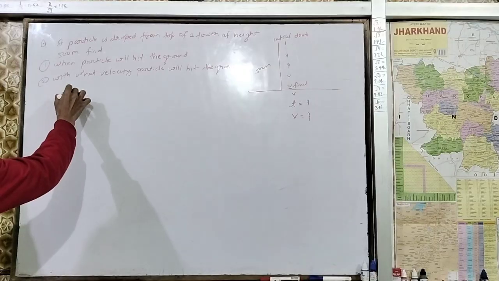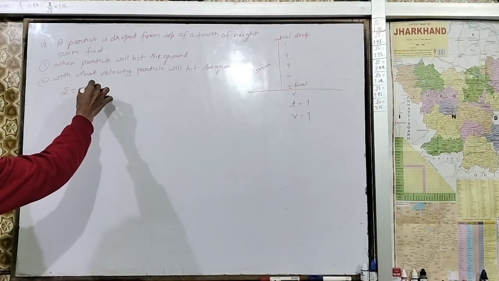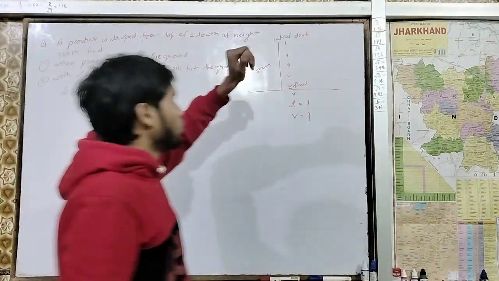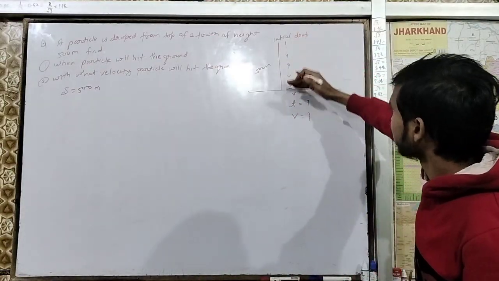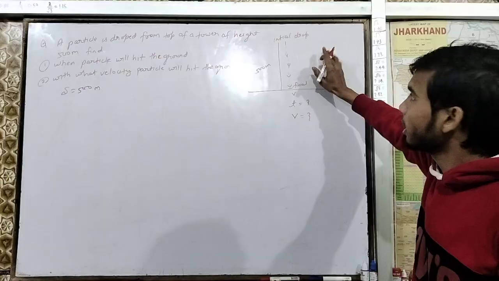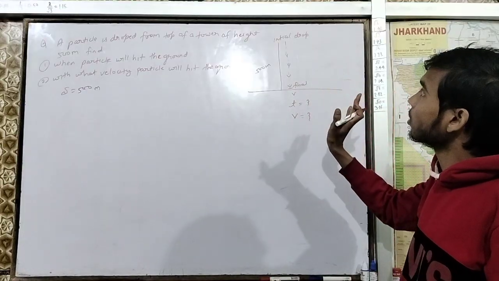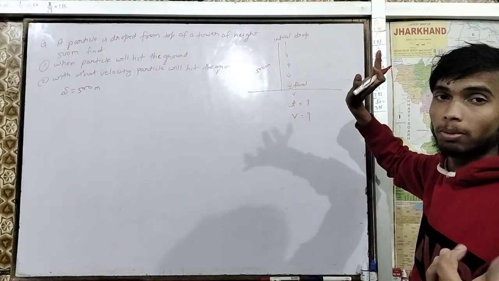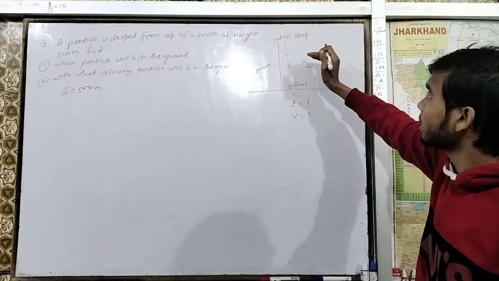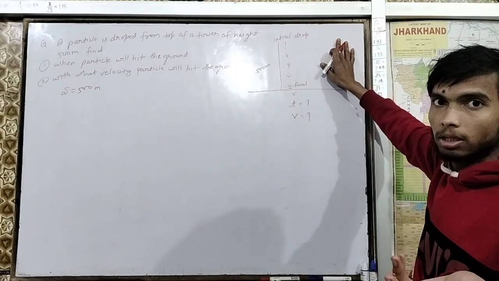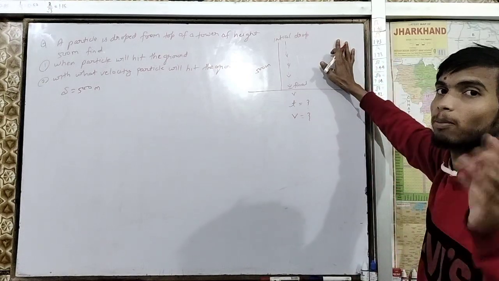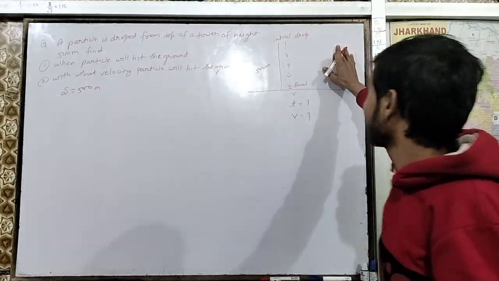Can we say that s is 500? You can think one thing: if you are considering this downward as positive, then upward would be negative. If you are considering downward as negative, then upward would be positive.